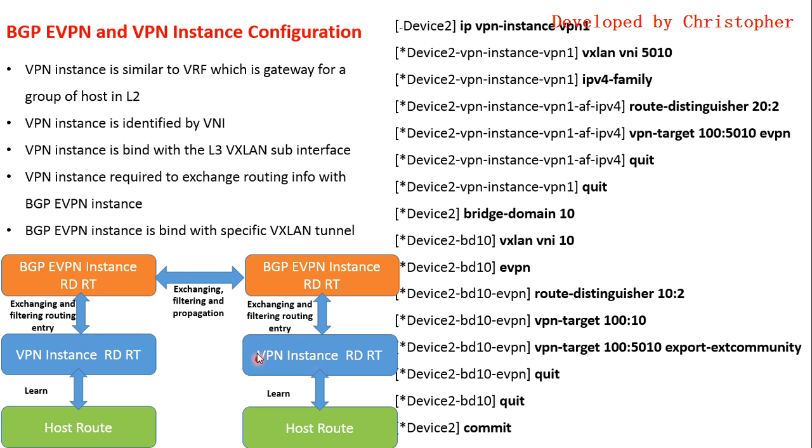So there are two exchanging phases. The first one is the exchange between the VPN instance, which is the VRF, and the BGP EVPN instance. And then another exchange and filtering is between the BGP EVPN instances. Okay. Here, to make a comparison, take VPN VRFs, for example the HR department and the R&D department. The HR department talks to the HR department here.